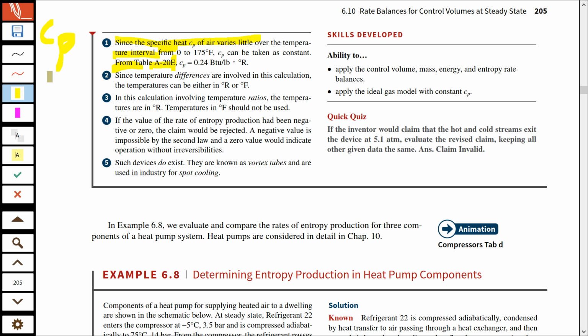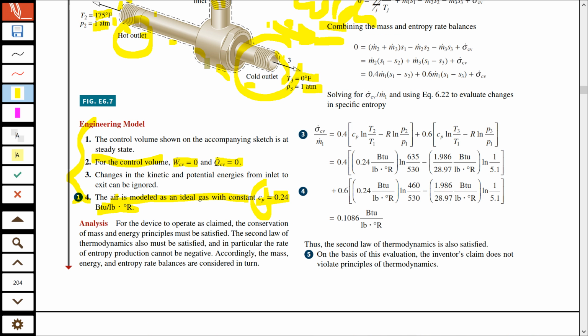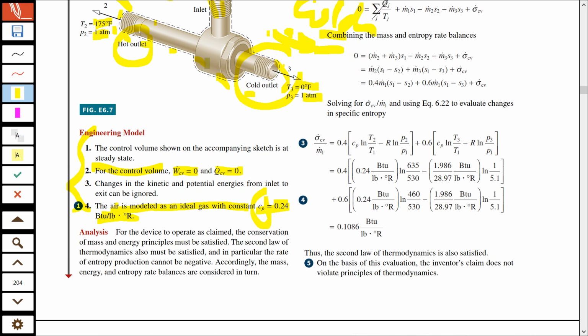It's not that Cp is constant. Cp will have different values for different temperatures, but if you look there, over the range of temperature from 0 to 175 degrees Fahrenheit, which is a large range, the value of Cp doesn't change too much, so you can just take a constant value. Maybe you can verify this yourself. You will see that all the values are very near 0.24, so why not assume that to be constant for simplicity.